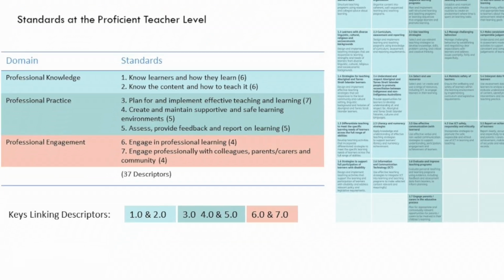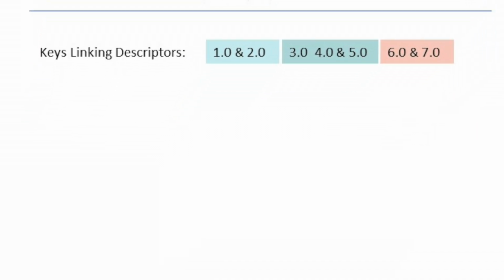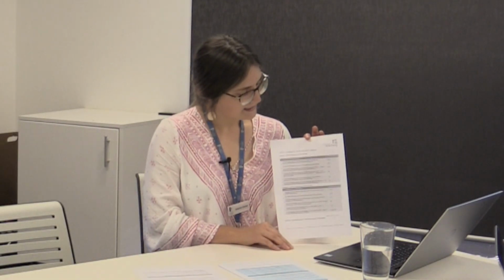Throughout my presentation I will have key links to these descriptors on the side panel of each slide to indicate which standard is being shown in that particular slide. But I've also gathered a reference page here that I will share with you, and this indicates which standards are being met on each slide for you to have a quick cross-reference if you need to have a further look into those.